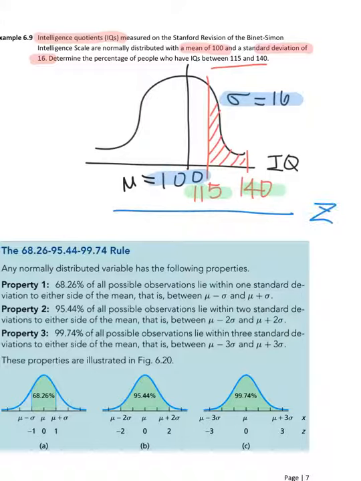So we can take the z at 115. How? 115 minus the mean 100, divided by sigma, the standard deviation 16.